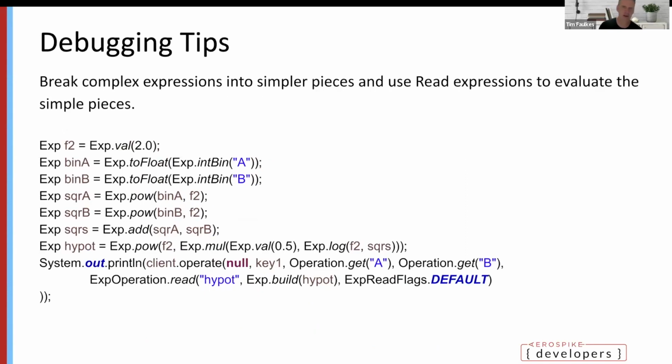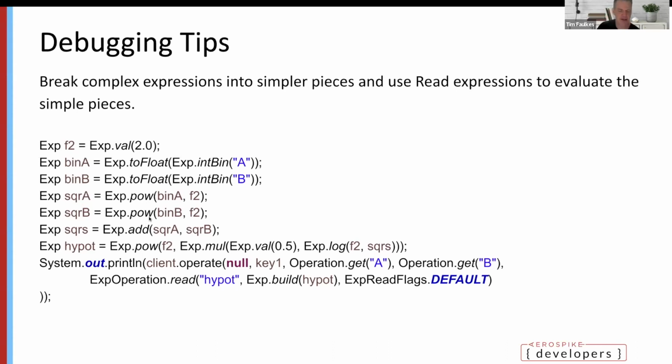So if I'm using a complex expression, what I will typically do is break it into smaller expressions. You can see that I've created an expression called F2, a float value of 2, which is just the number 2. I've got bin A, which is the integer bin A converted to a float. Same with bin B. I'm squaring it. So the square of A is take bin A and raise it to the power of bin B, and so on.